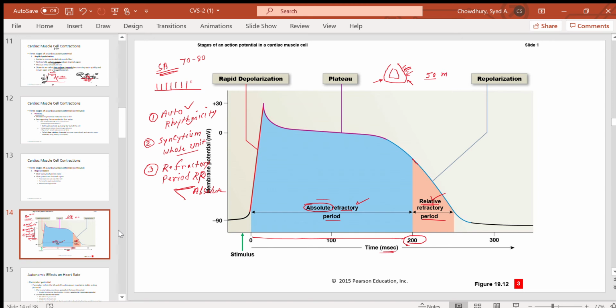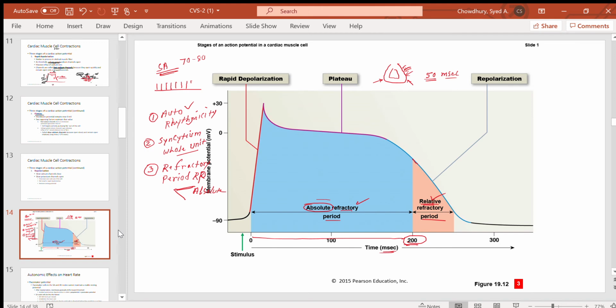That means the heart may listen to another signal and stop further contraction, which is not harmful, because in the first 200 millisecond it is not listening to anything, so its contraction is almost done.